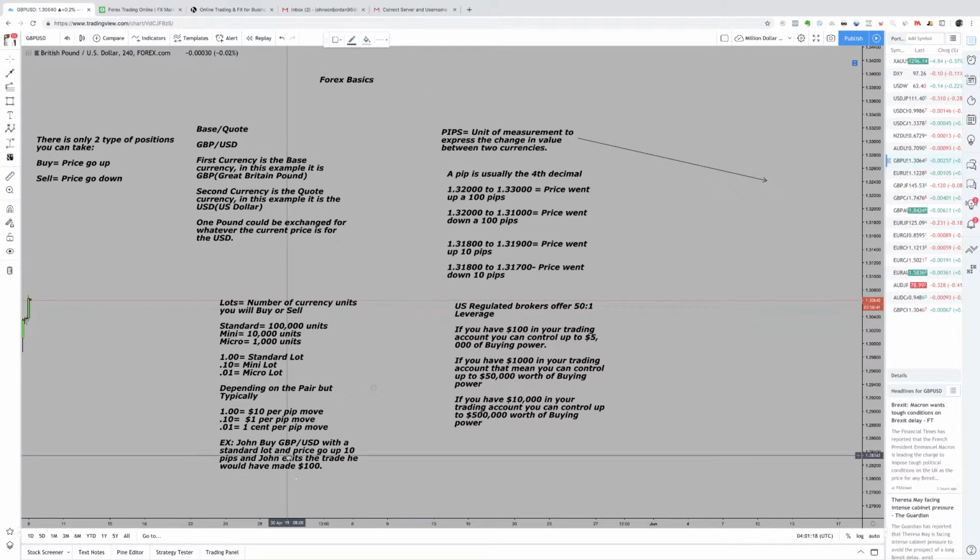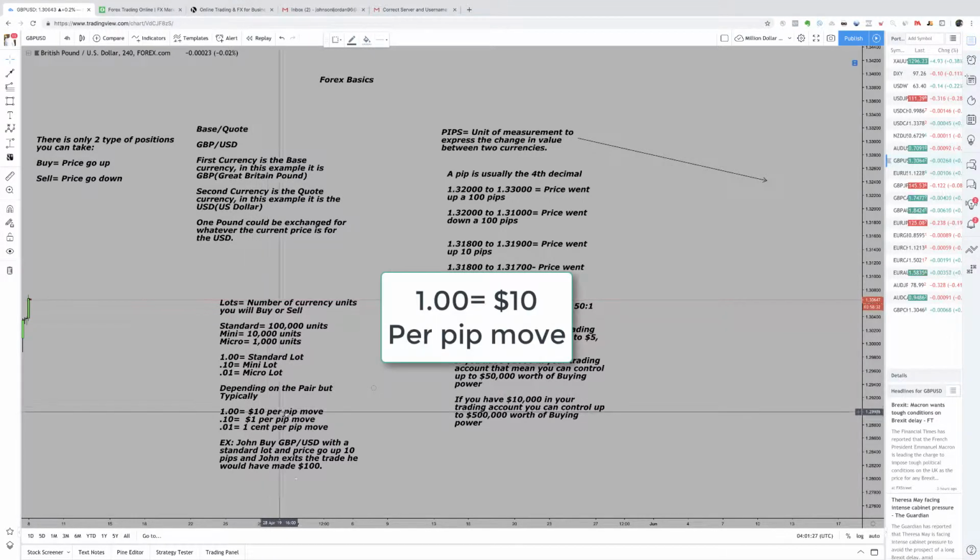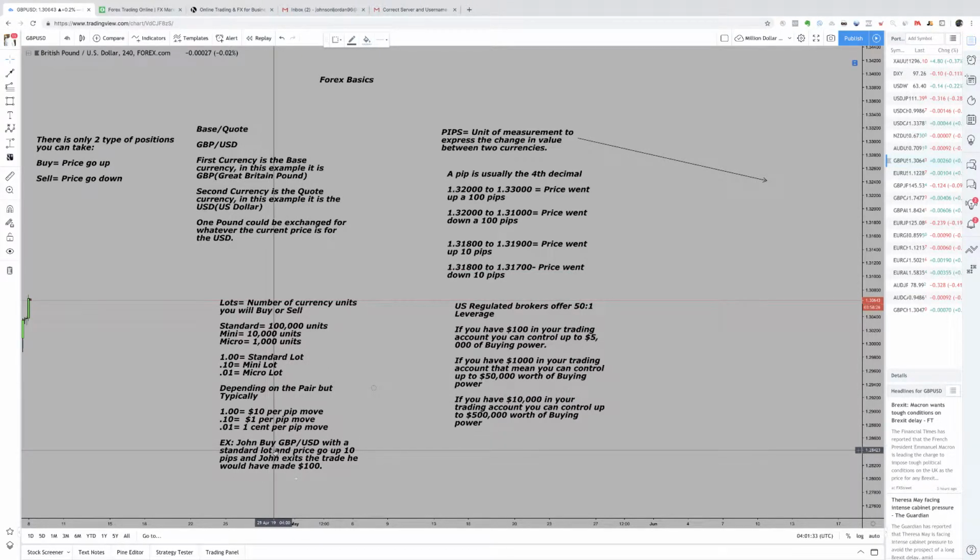So for example, if John buys GBP USD with a standard lot, remember a standard lot pays out $10 per pip move, and price goes up 10 pips. Remember, if you buy, you think price is going to go up. So he bought, price went up 10 pips, so that means he profited $100 on this trade.